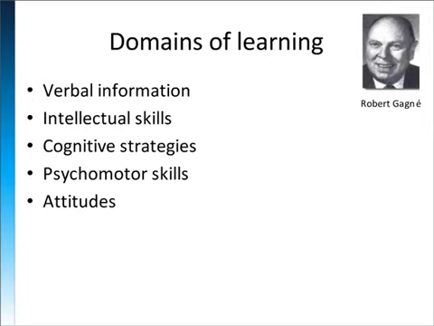Cognitive strategies are typically not described in goal analysis procedures. And most instruction created by instructional designers are usually intellectual skills. Goal analysis is begun only after you have a clear statement of the instructional goal, though. Let's take a look at a goal and do a goal analysis.